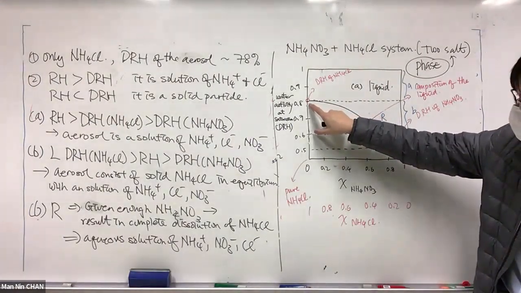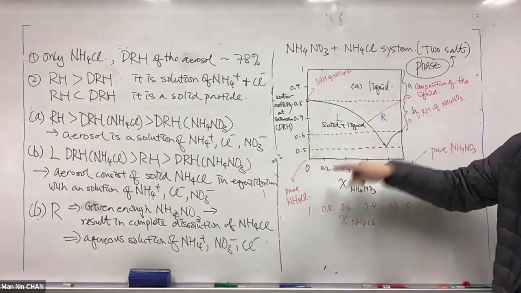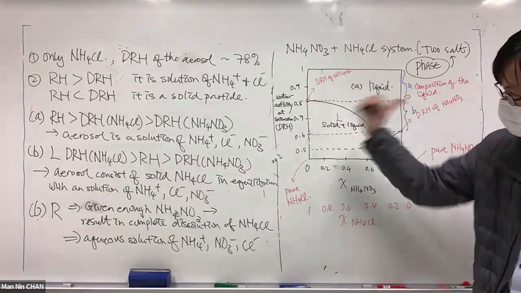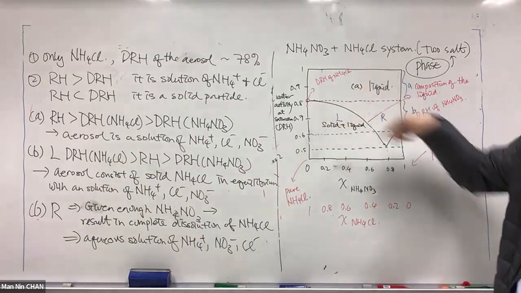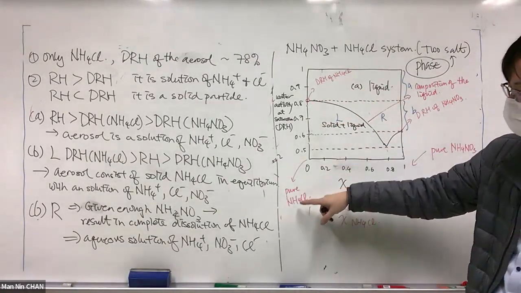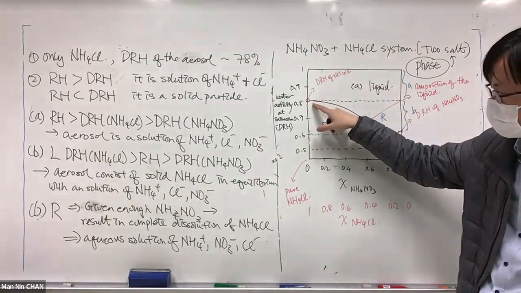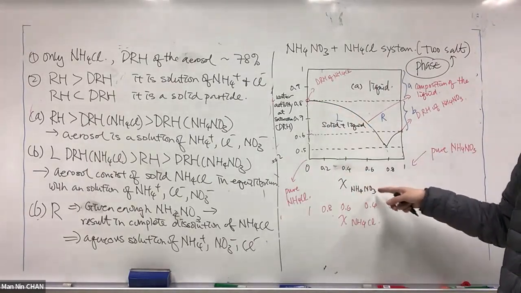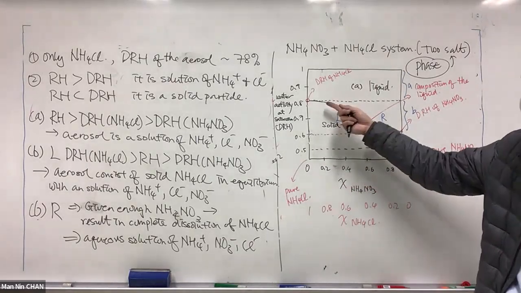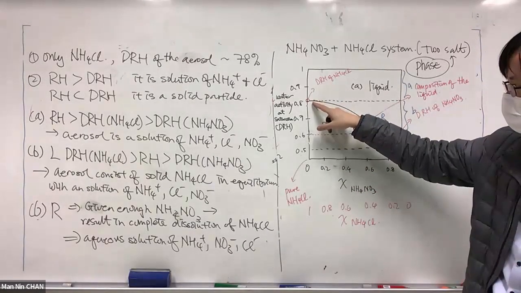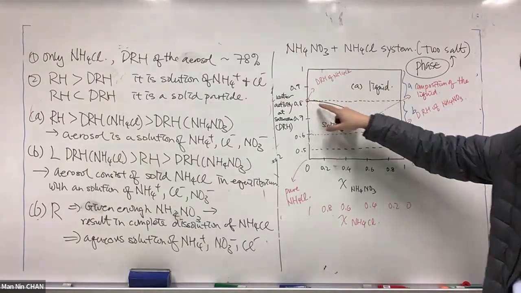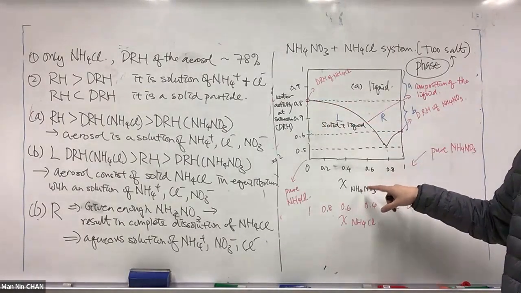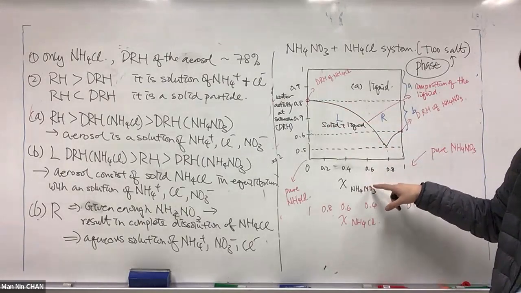So of course, you just have a pure ammonium chloride, right? Then when you move to the right-hand side, you add some ammonium nitrate. But most of it is still ammonium chloride. So you have a lot of solid ammonium chloride, but you have some ammonium nitrate, right? They will dissolve, but you don't have much liquid because you only have a very small amount of water coming from the ammonium nitrate.